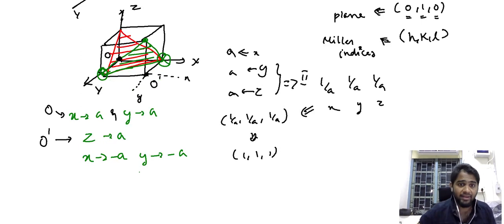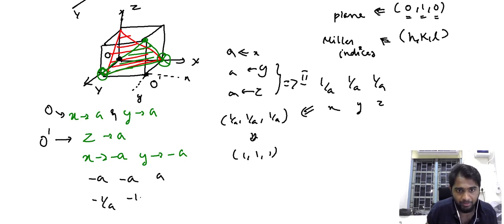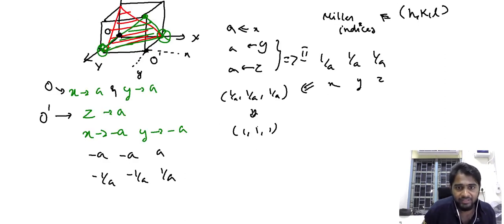So therefore, when I am describing the green plane, I have to describe it completely based on the new origin. So these would be my points of contact: minus A, minus A and A. If I take the reciprocal, it will be minus 1 by A, minus 1 by A and 1 by A. And if I normalize it, it will be minus 1, minus 1 and 1.